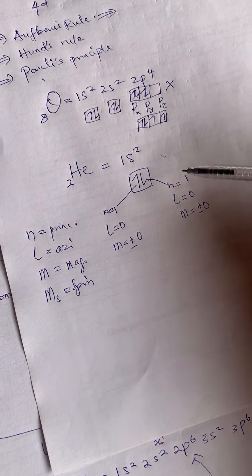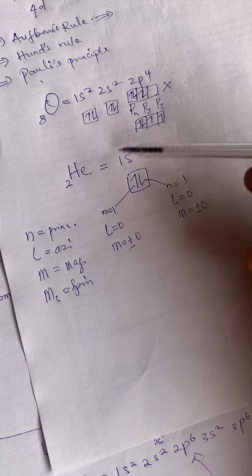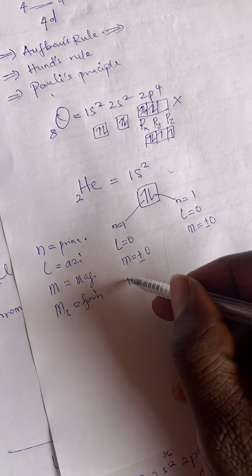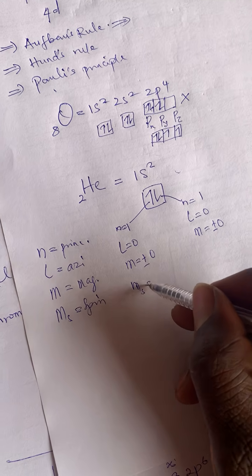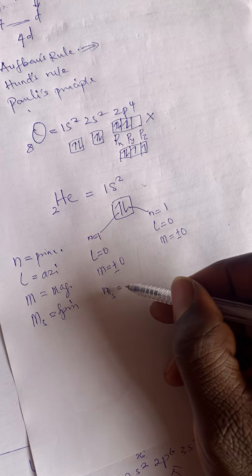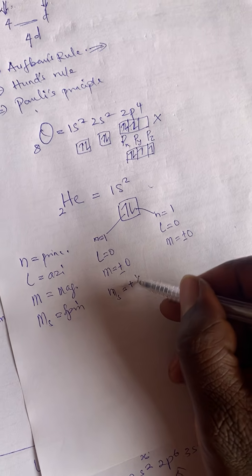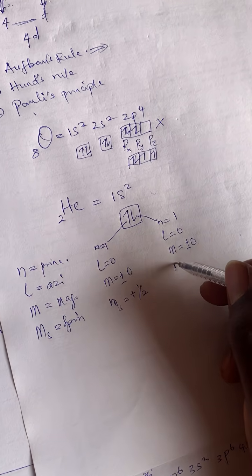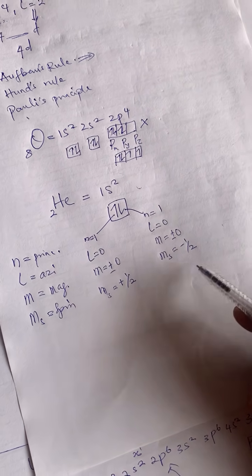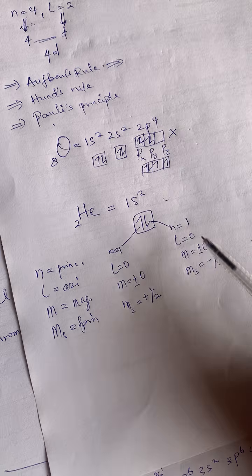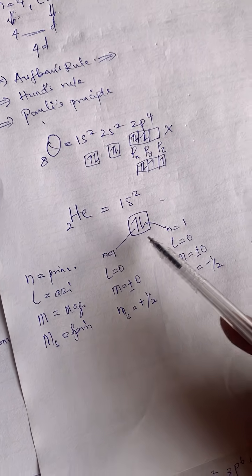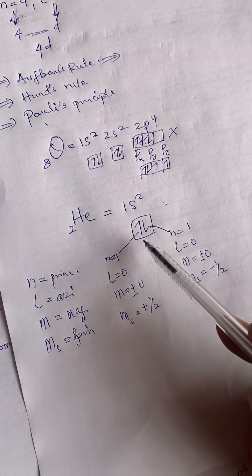Of course, they share the same orbital, these 2 electrons. However, you observe that the 4th quantum number, which is MS, the spin, will be different. One is going to have a positive spin, and then the other will have a negative spin. So the spin is to show that they do not go in the same direction, as you can see here.